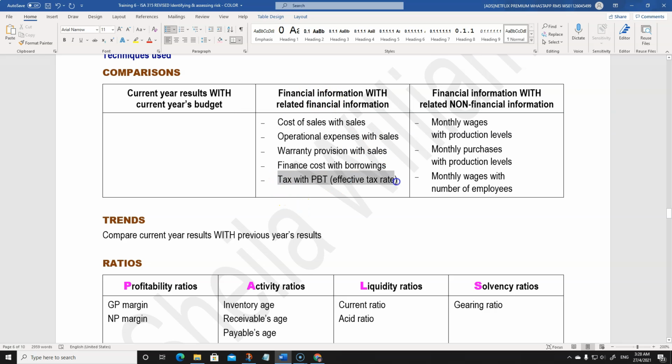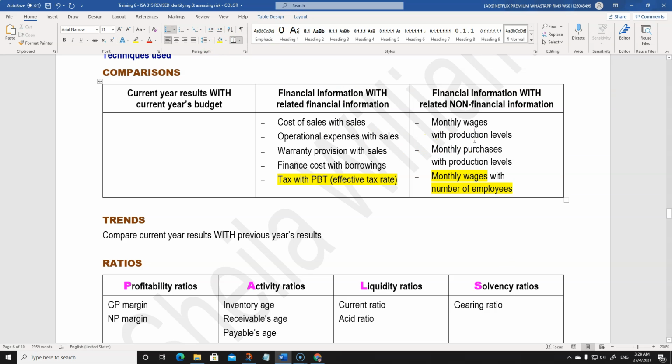So this one is one of the popular ones that we use in our AAA paper in question 1 to calculate tax with the profit before tax, and that will give you the effective tax rate. That's very common. We can also compare financial information with non-financial information. So sometimes in the exam, you're given the number of employees, and you're also given the monthly wages or the annual wages.